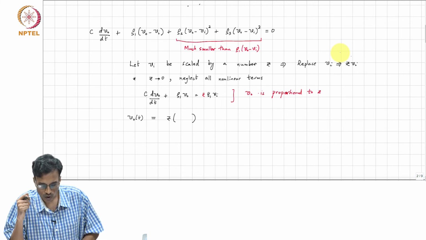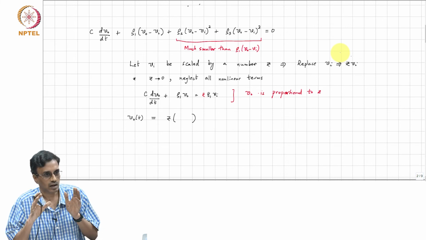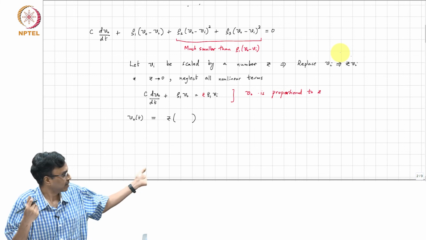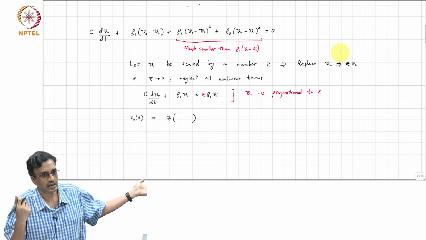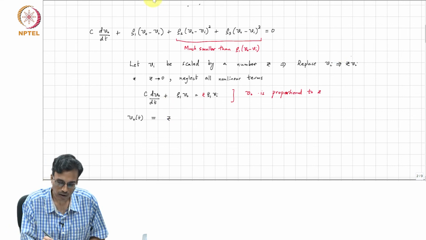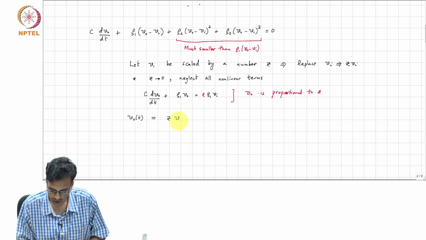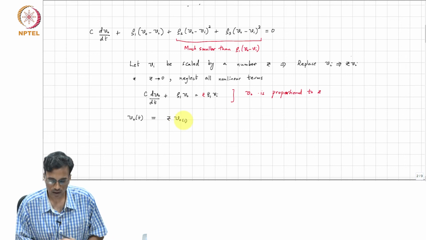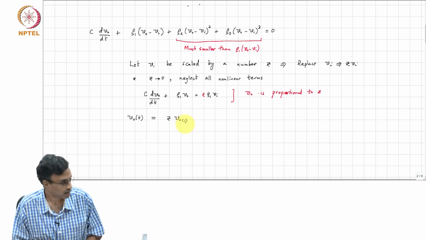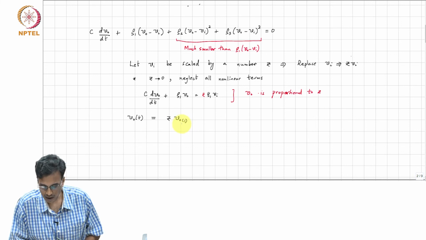So Vo of t must contain a term which is proportional to Z, because otherwise you will not get the linear term at all, and we will call that VO1. Please notice that the 1 in the subscript indicates that it is proportional to Z power 1.